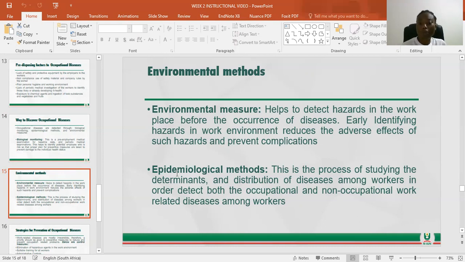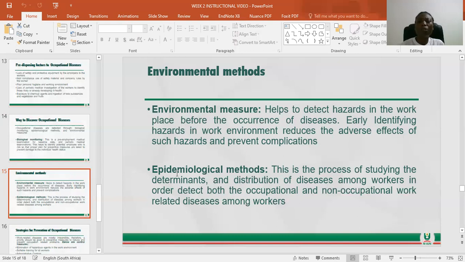Okay, when you say environmental method, it simply helps you to detect hazards in the workplace, that is, in the immediate environment of the employees. You want to see what hazards are within the environment. You want to identify them early, in order to reduce the adverse effects and prevent complications. What about epidemiological method?